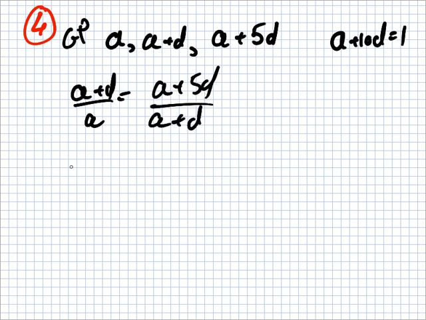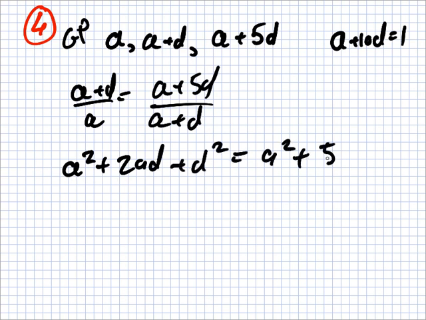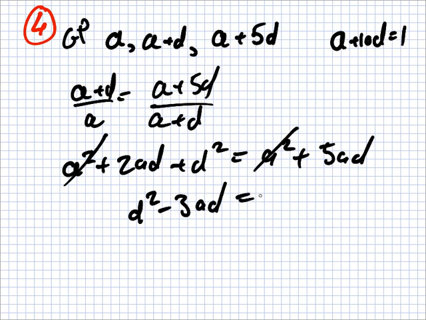Cross multiplying gives me A squared plus 2AD plus D squared equals A squared plus 5AD. Squares cancel. So I'll get D squared minus 3AD equals 0. I'll divide by D because D can't be 0, so I get D minus 3A equals 0.